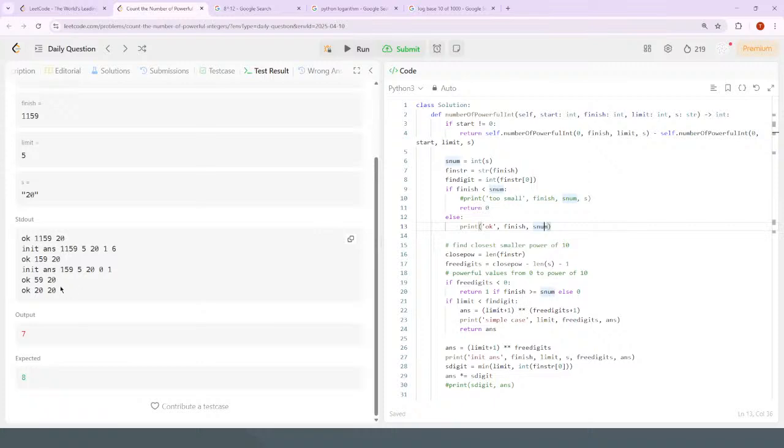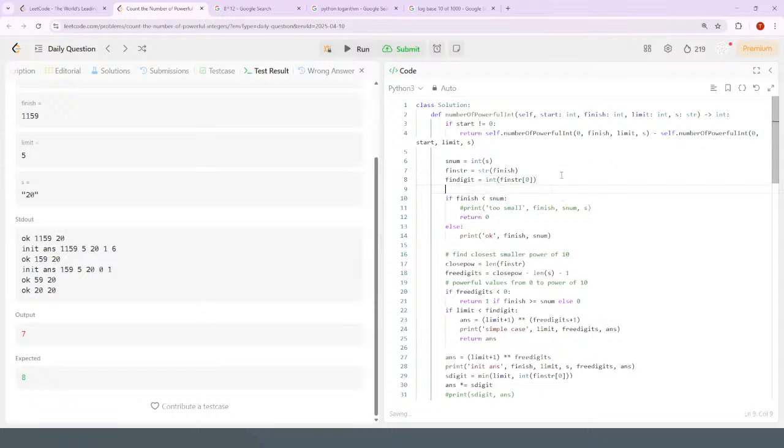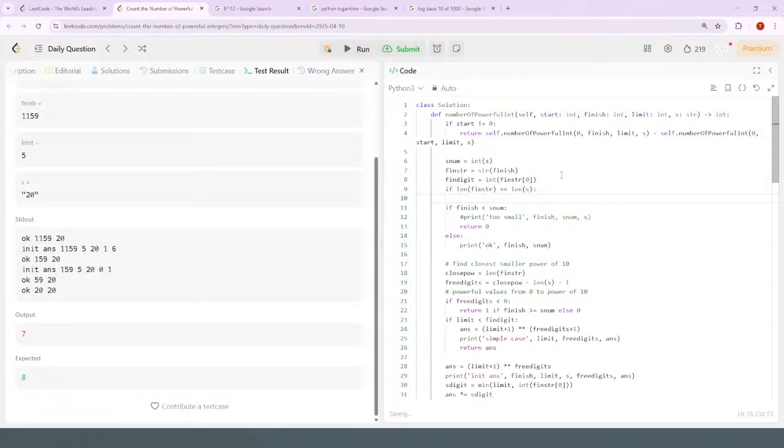I think there should probably just be a simple case here. If the length of your finish string is equal to the length of your string, then just return 1 if it's smaller. Return 1 if the finish is greater than or equal to snum, else 0.